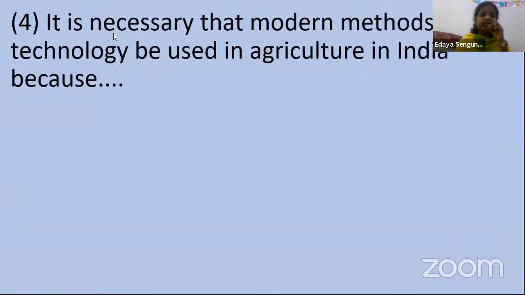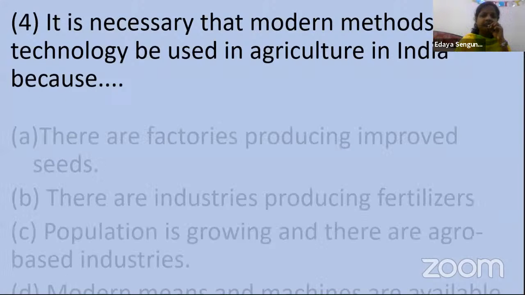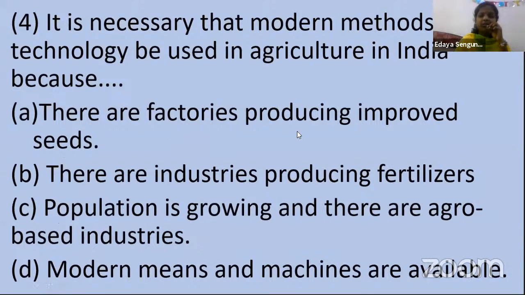Now, the last question. It is necessary that modern methods and technology be used in agriculture in India. Because why are modern technologies used in India nowadays? There are factories producing improved seeds. There are industries producing fertilizers.